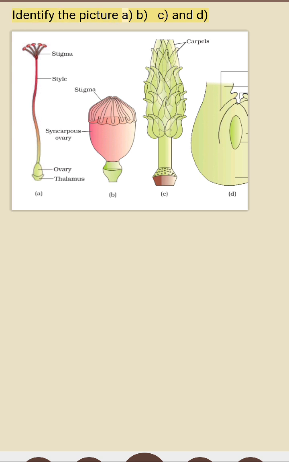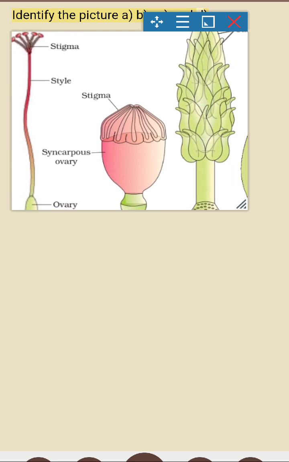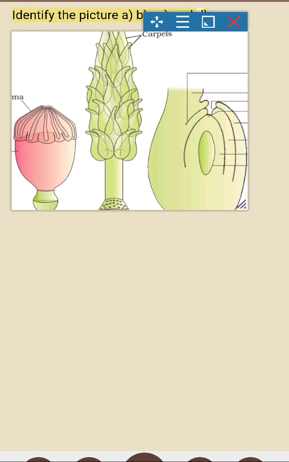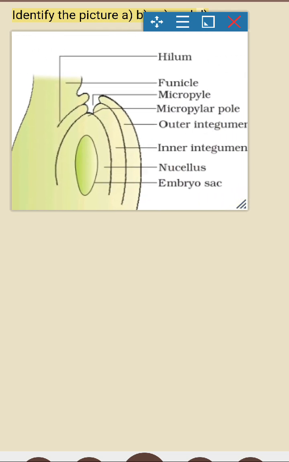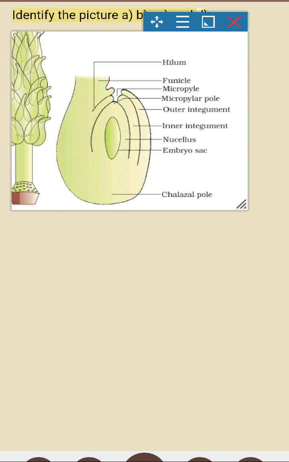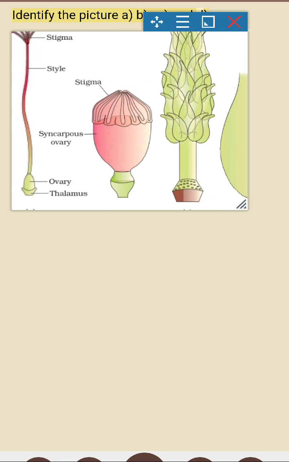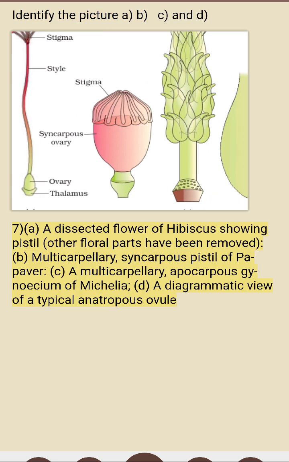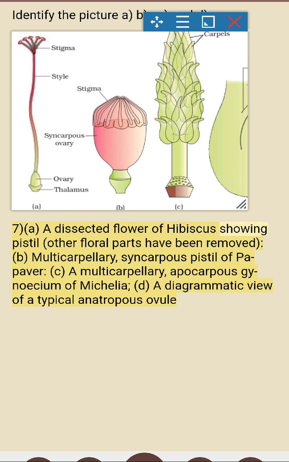Identify the picture, A, B, C, and D. A, a dissected flower of hibiscus showing pistil.